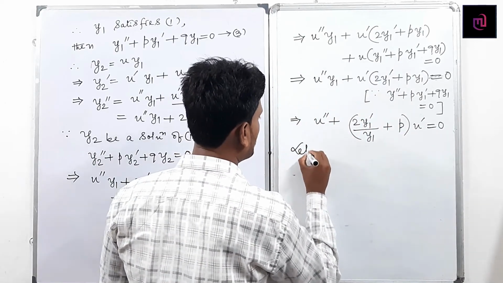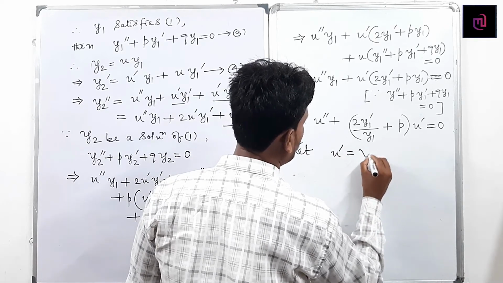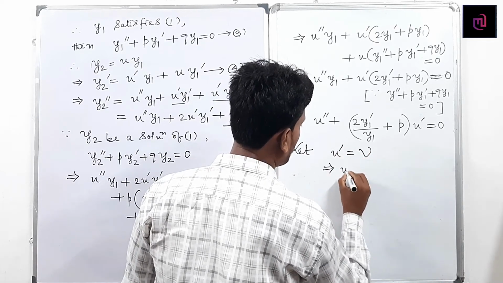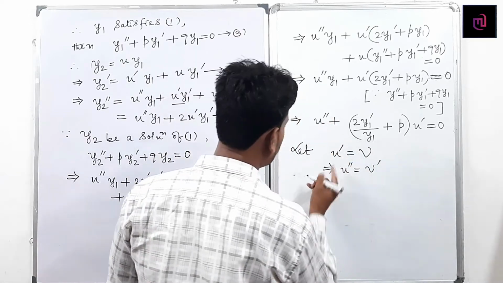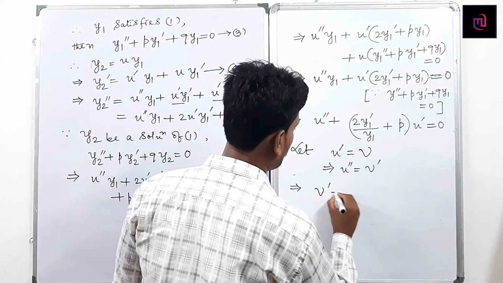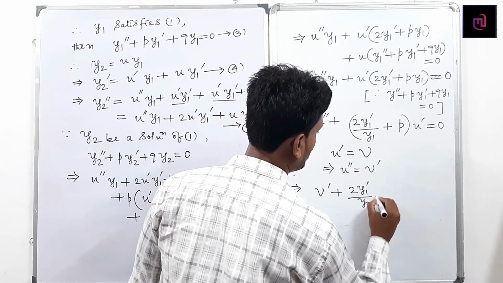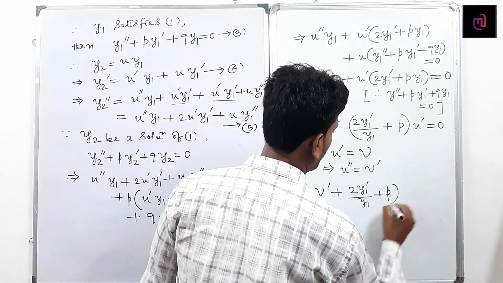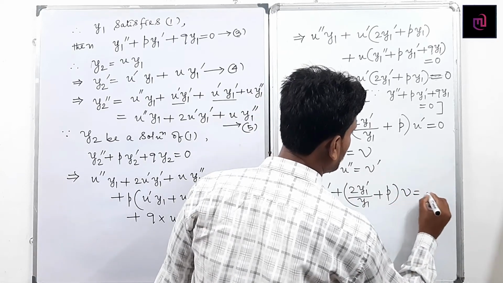Let us substitute u dash equals v, so u double dash becomes v dash. So v dash plus 2 y1 dash by y1 plus p into v equals 0.